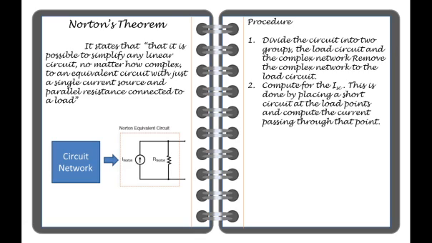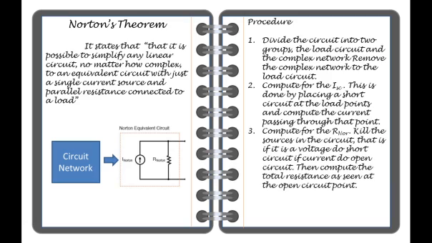Now, after getting the ISC, we're going to compute the Norton's equivalent resistance, or the R Norton. How can we compute it? We can compute it by simply killing the sources present on the complex network, the one that we removed from the original circuit.